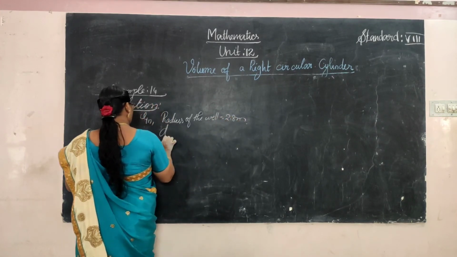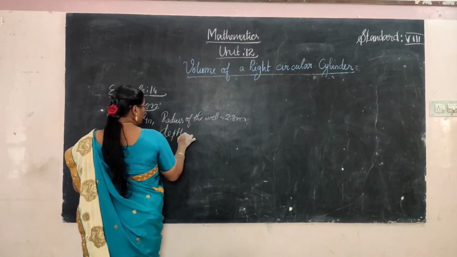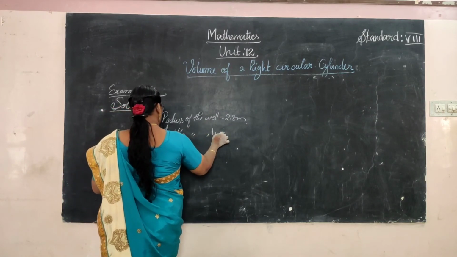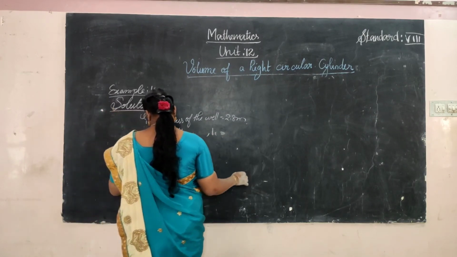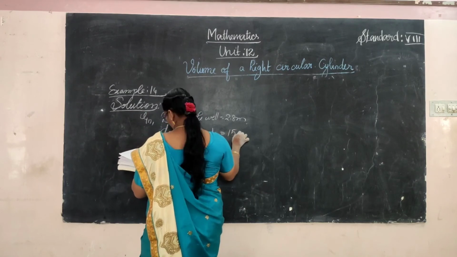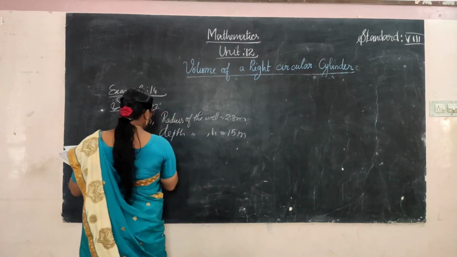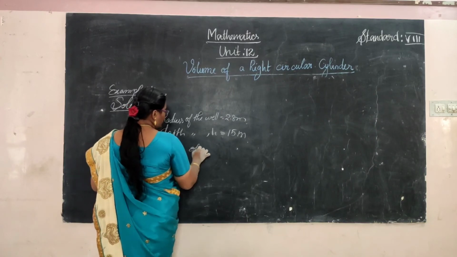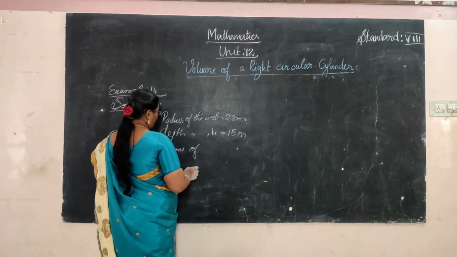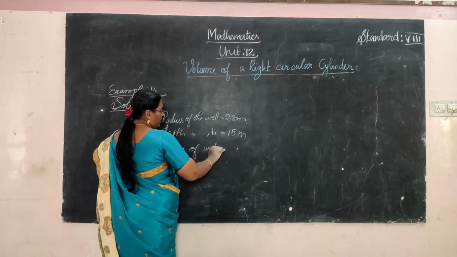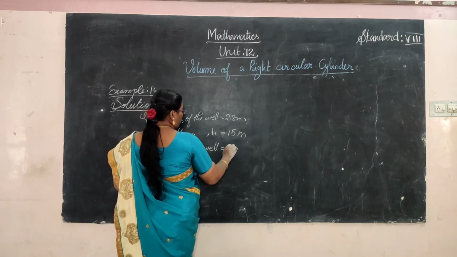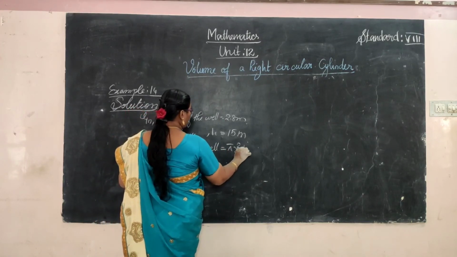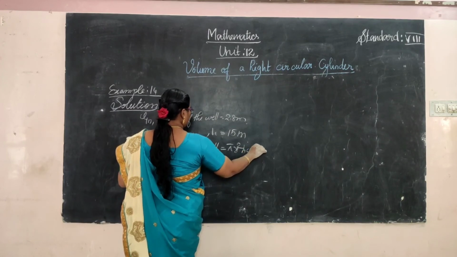Depth, that is height, is equal to 15 meter. Okay, so volume: the well is a cylindrical shape. So volume of the well is equal to pi r square h cube units.